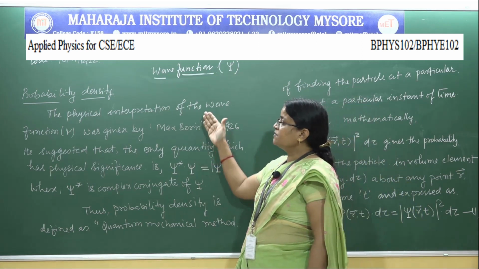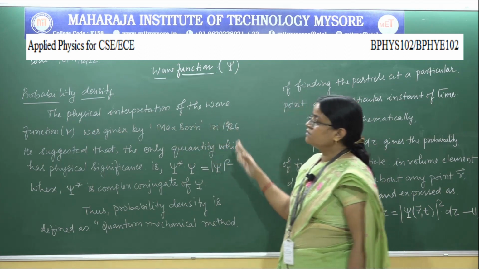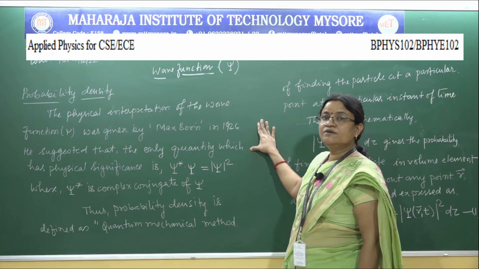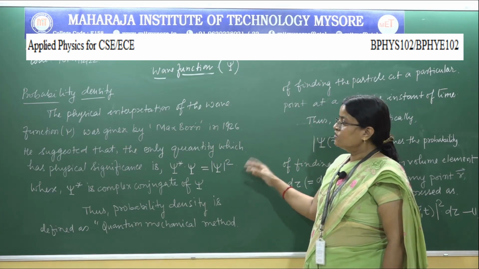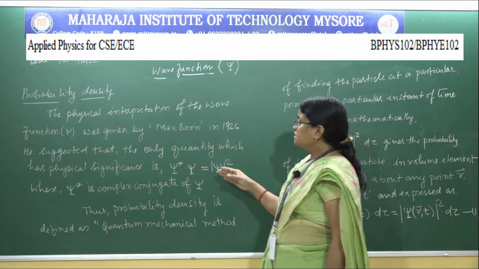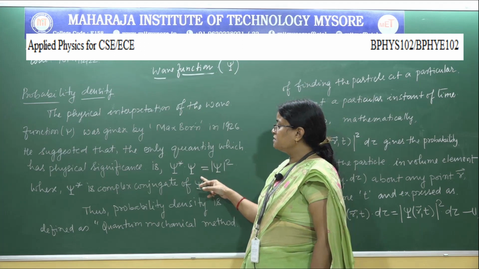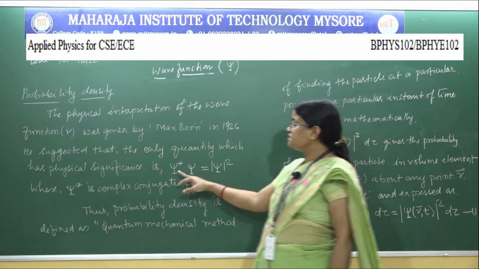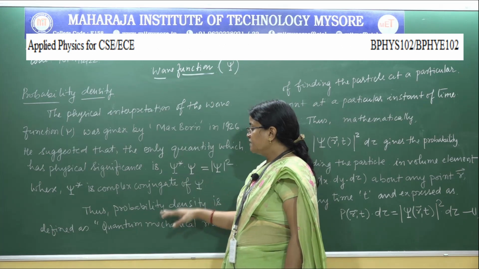This physical interpretation of the wave function psi was given by Max Born in the year 1926, and he suggested that the only quantity which has a physical significance is psi star into psi, equal to psi square, where psi star is the complex conjugate of psi.